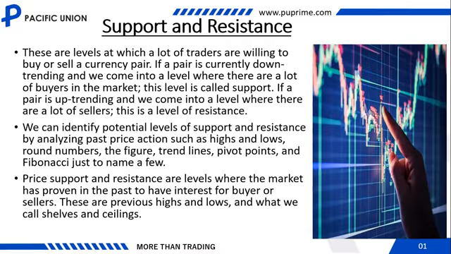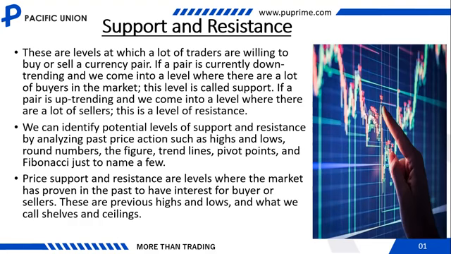It also helps you to identify potential levels by analyzing the highs, the lows, round figures in the market, stuff that enables you to make better decisions in time. So basically, it helps you to identify potential levels of support and resistance by analyzing price action, the highs, the lows, the round numbers, the trend lines, the pivot points, the Fibonacci, just to name a few.